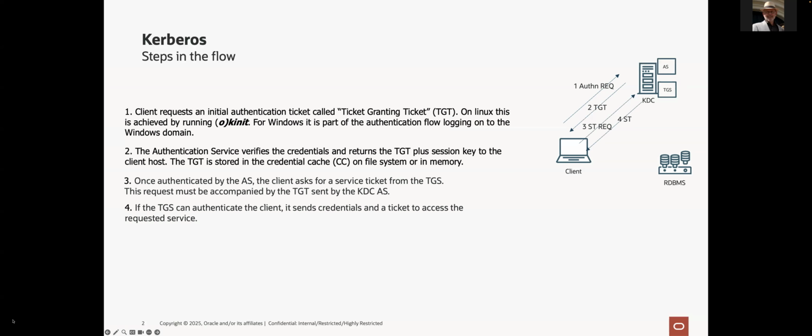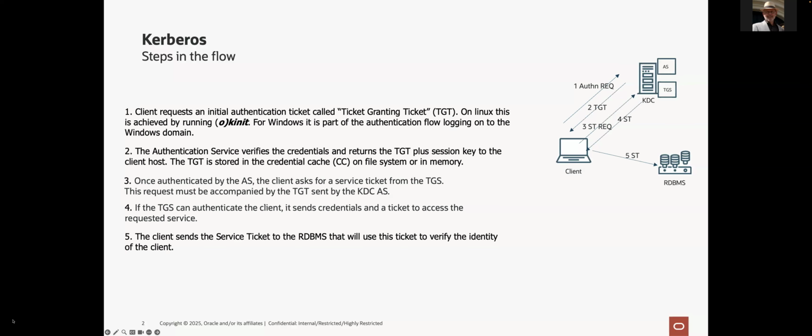That will be checked by the ticket granting service, and if it can authenticate the client, it sends the credentials and a service ticket to access the requested service back to the client.